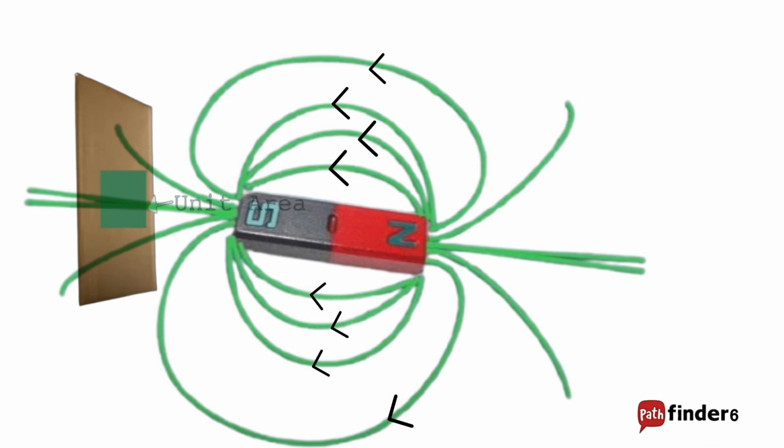Again, observe some magnetic flux passing through this unit area. This magnetic flux passing through unit area is magnetic flux density. Observe in the figure, the number of magnetic lines of force passing through the cardboard is 4, so magnetic flux is 4. But the number of lines of force passing through unit area is 2, so magnetic flux density is 2.